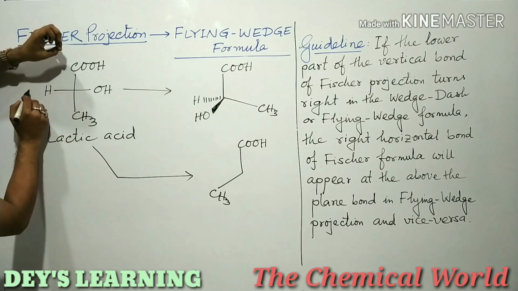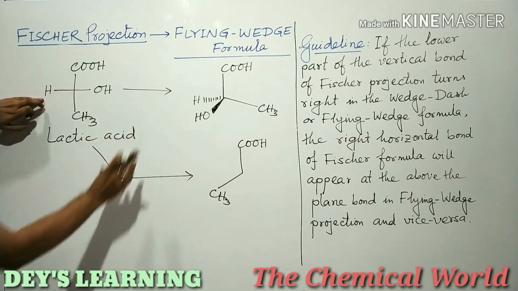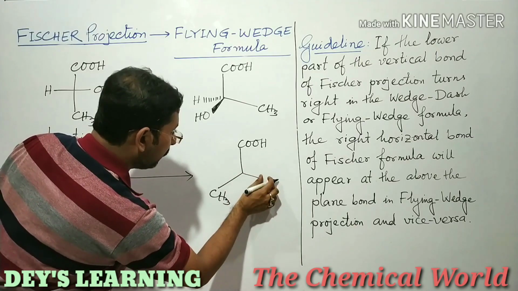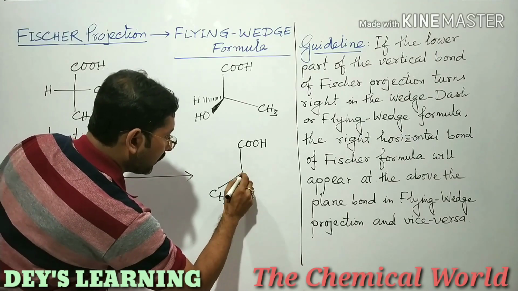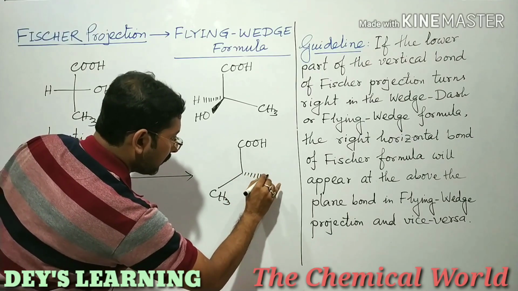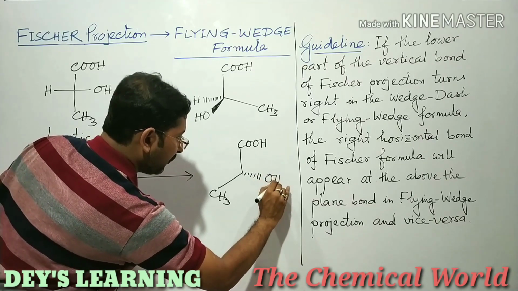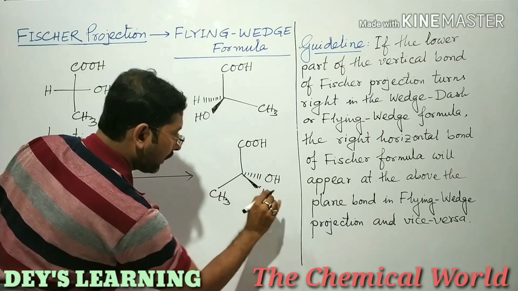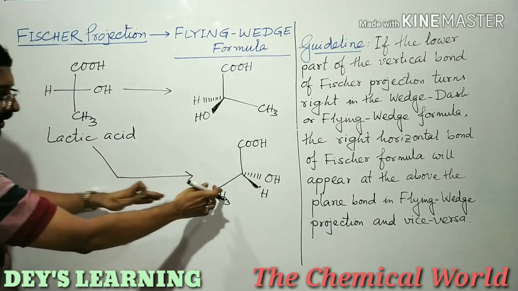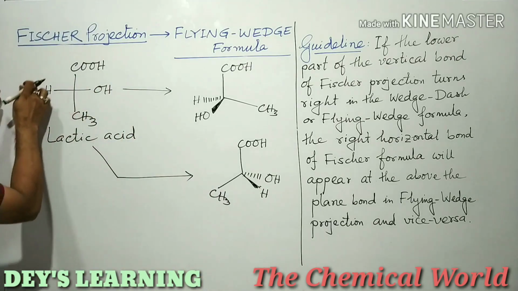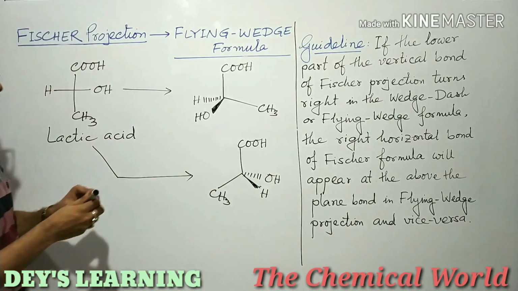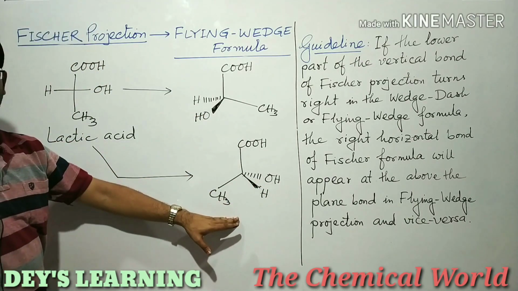So the left horizontal bond will appear at the above the plane bond. This one is OH and this one is hydrogen. If the lower part turns left, the left horizontal bond will appear at the above the plane bond. Definitely these two molecules are identical.